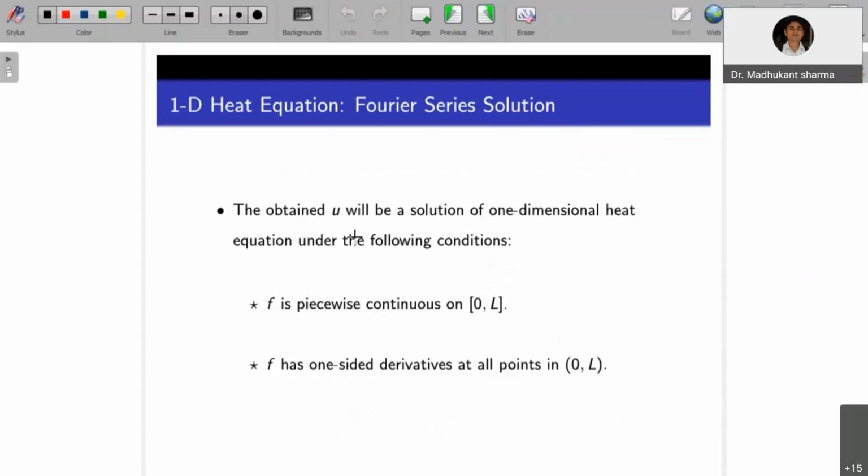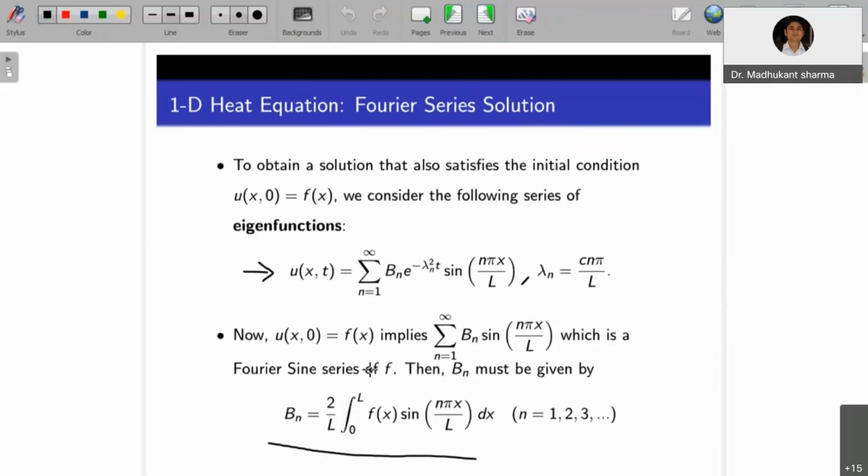So the obtained u will be a solution of the one-dimensional heat equation under the following condition: f is piecewise continuous, f has one-sided derivatives. Of course, when you want to verify this to be a solution of the heat equation, you must have the first derivative with respect to t partially, and it should be differentiable two times with respect to space.